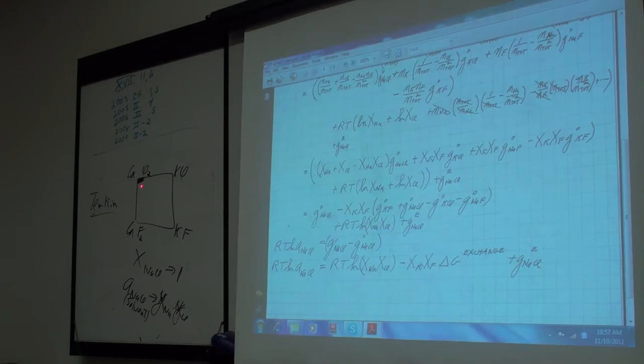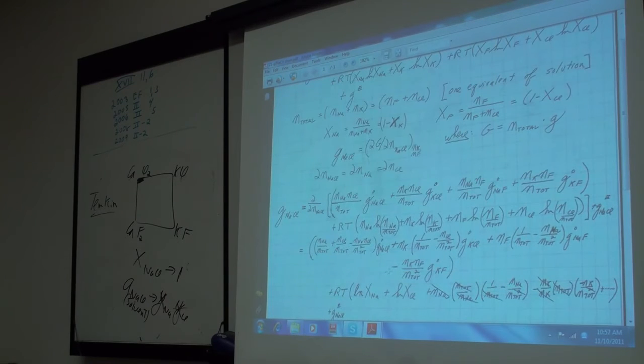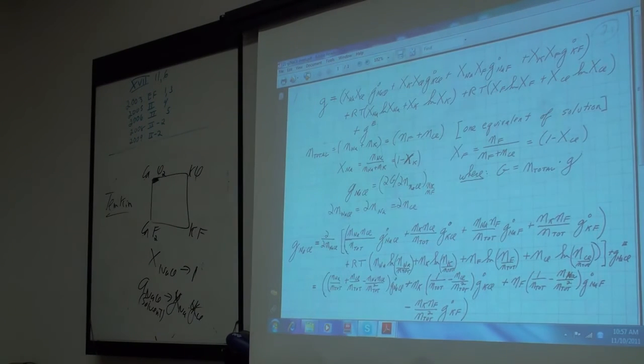This is the most important term when sodium chloride is rich. And this term here came from the ideal entropy term, the entropy of mixing term. This is the only term that really matters for the activity of the solvent when you're in a really concentrated solution. We did this before with a single sublattice.